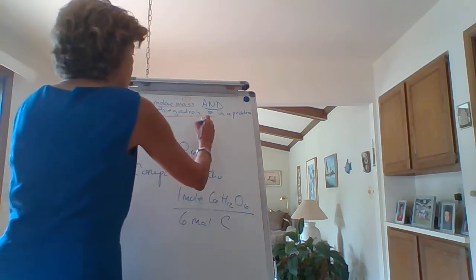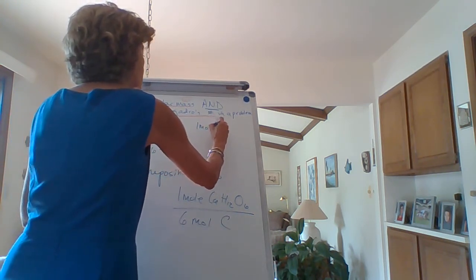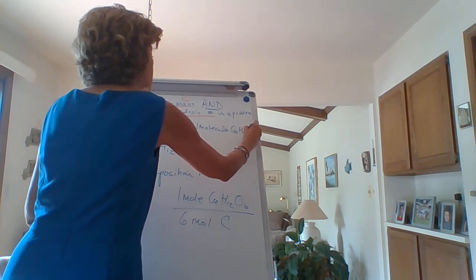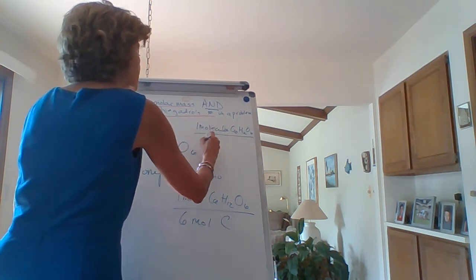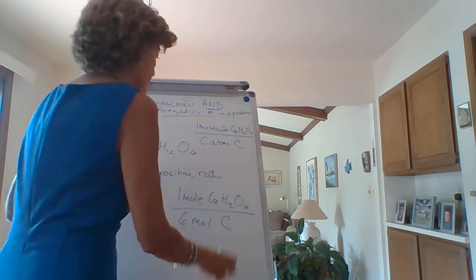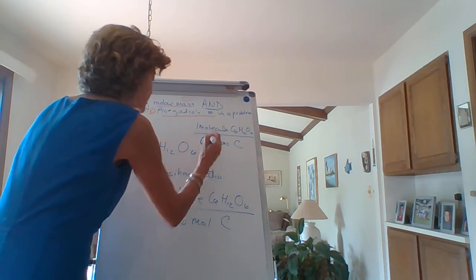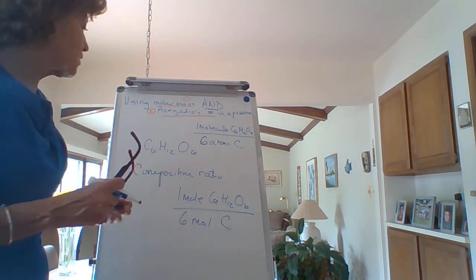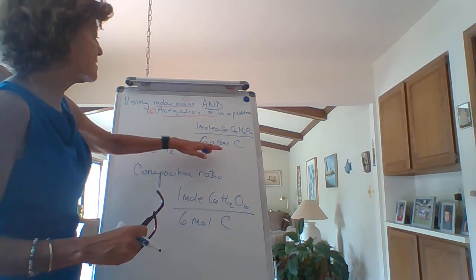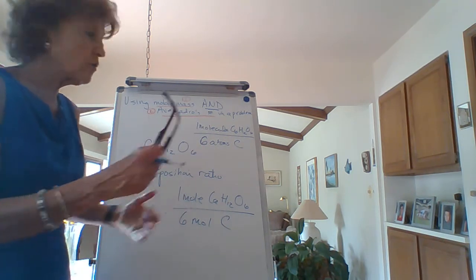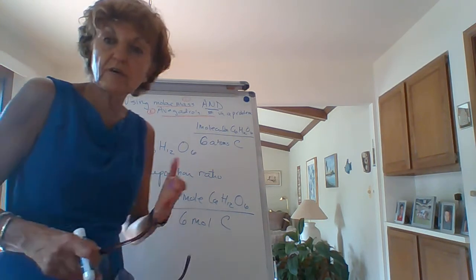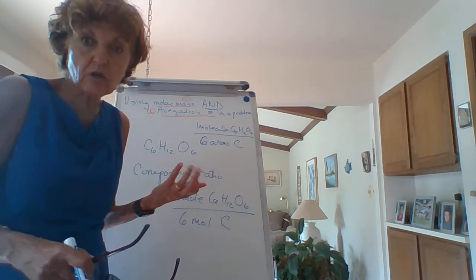Or you could say for every 1 molecule of C6H12O6, you have 6 atoms of carbon. So you can write 6 moles of carbon for every 1 mole, or 6 atoms of carbon for every 1 molecule. So the point is, it's a ratio of the composition of the specific substance you're talking about.